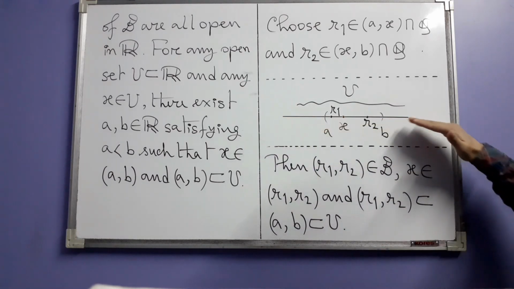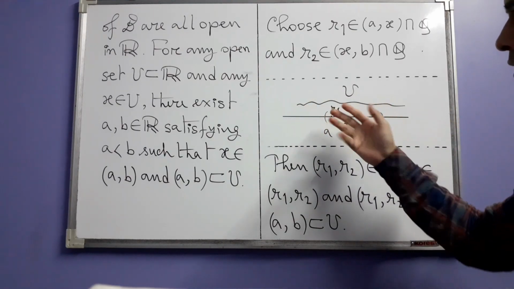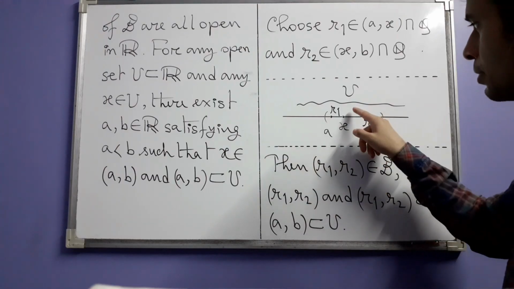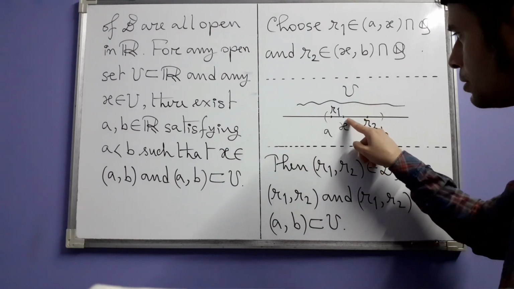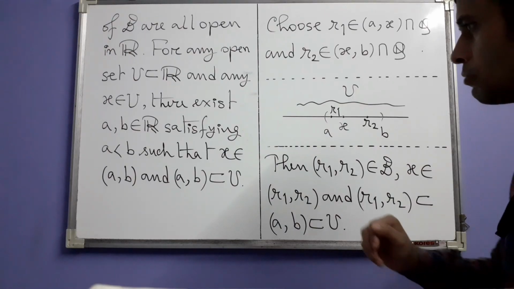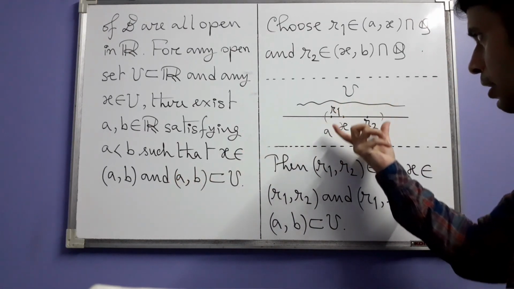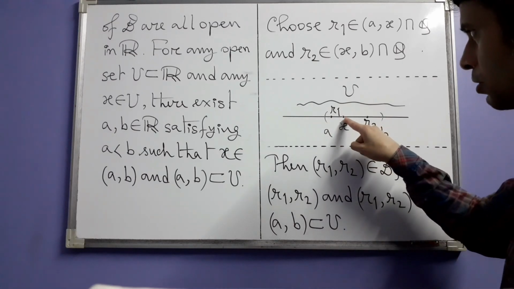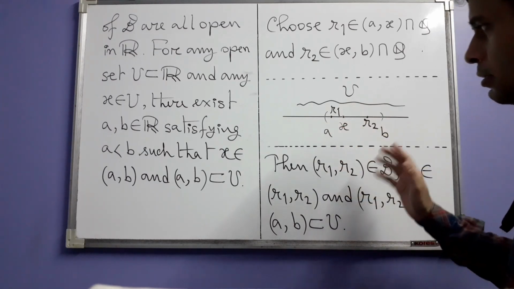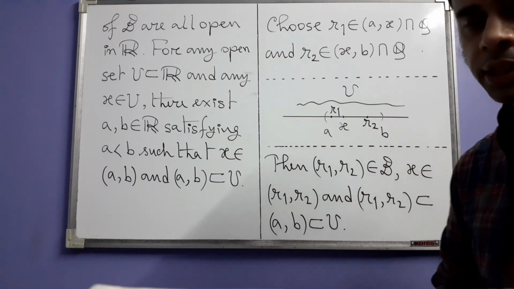So this is our real line on which we have the open set U somewhere. I mean, it's some type of set, and x is a point in U. And what we found just now is that there exists an open interval a, b, which contains x inside of it and which is itself entirely contained inside U, whatever the set U is.